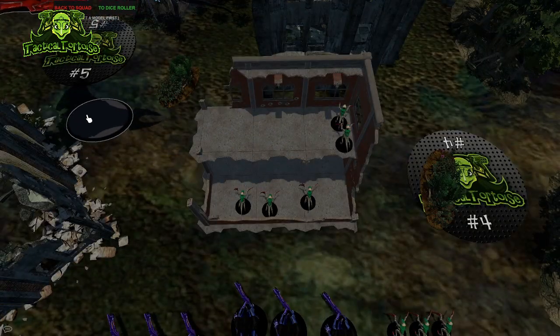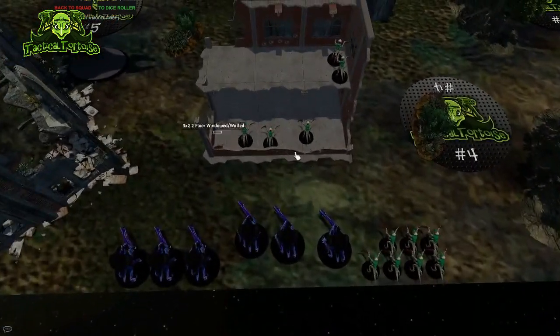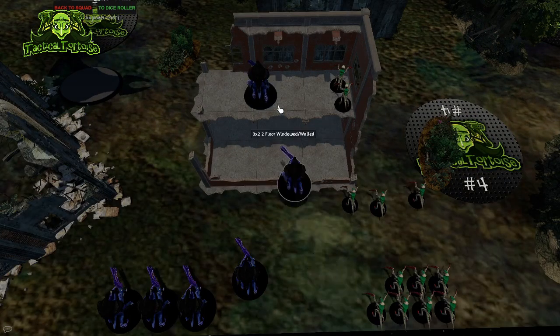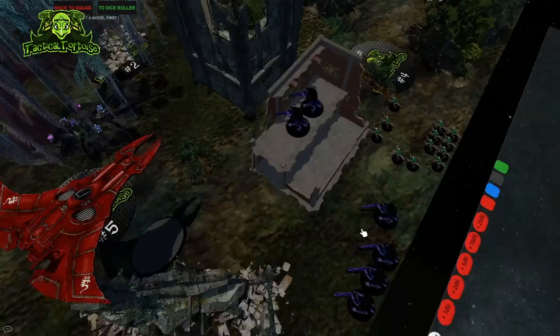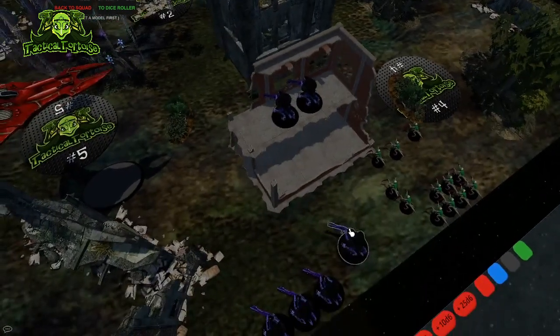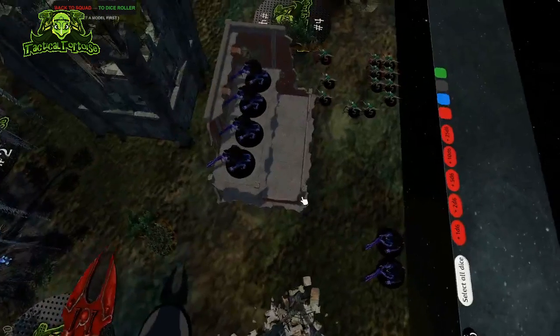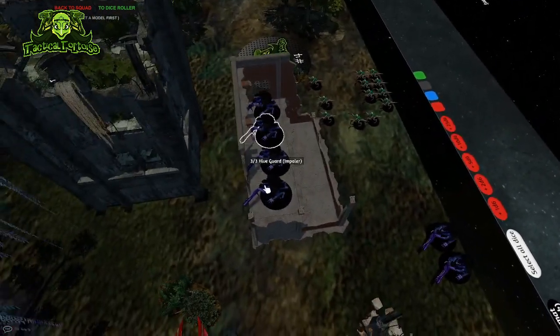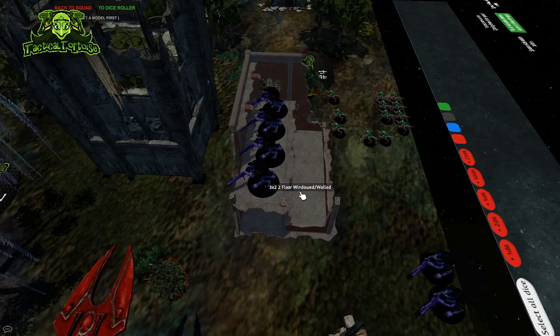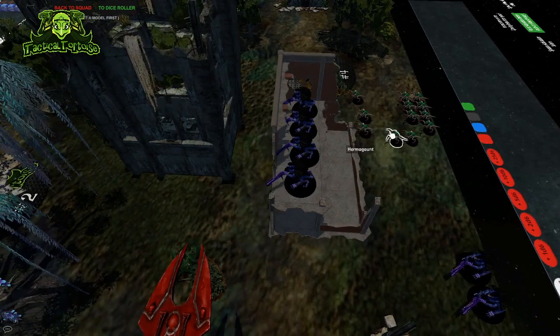It also, interestingly, makes charges easier when you're targeting something inside a building. In some situations, you can have a model that is brought in via deep strike. So, for example, if my Hive Guard were brought in via deep strike with a Tyrannicide or with a strategic reserve rule, or just with a Lictor now, they could just dump up into the second floor of this building and be 9 inches away from an enemy model like this Hormigant.